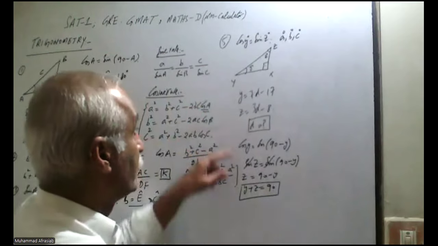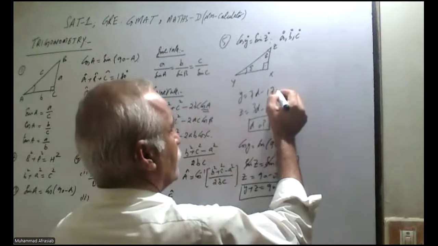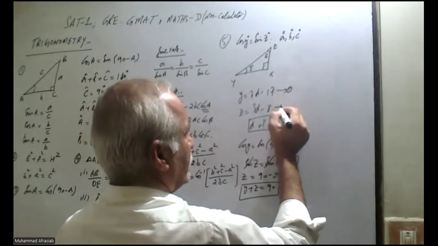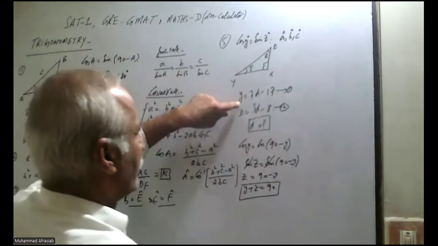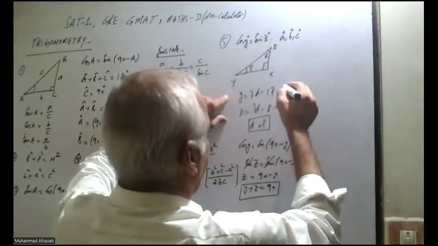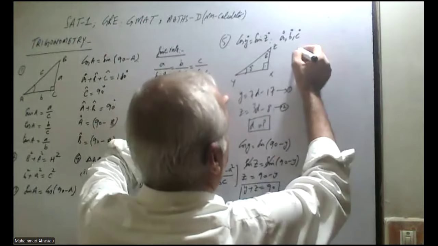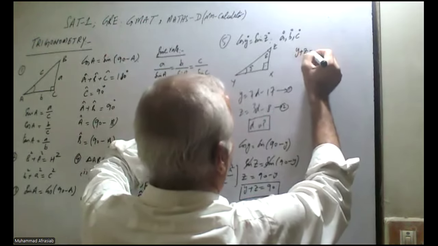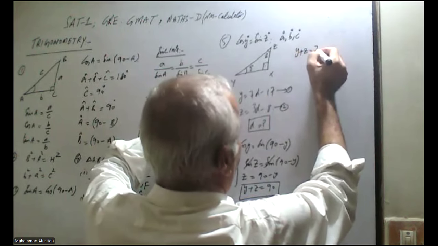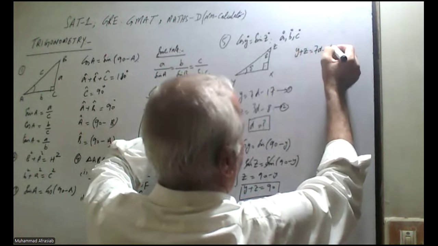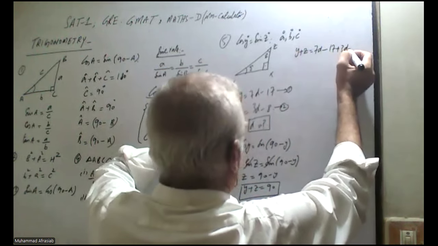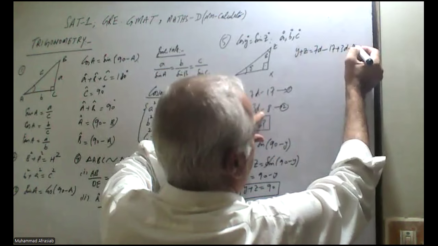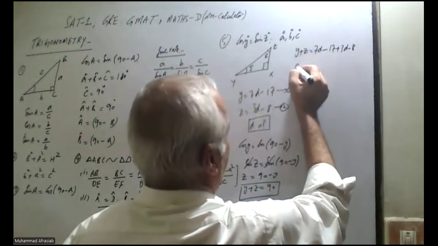Now we can put in these two equations which are given to us, 1 and 2 there. So we are adding both. So y plus z is equal to 7d minus 17 plus 3d minus 8. So y plus z is equal to 90.